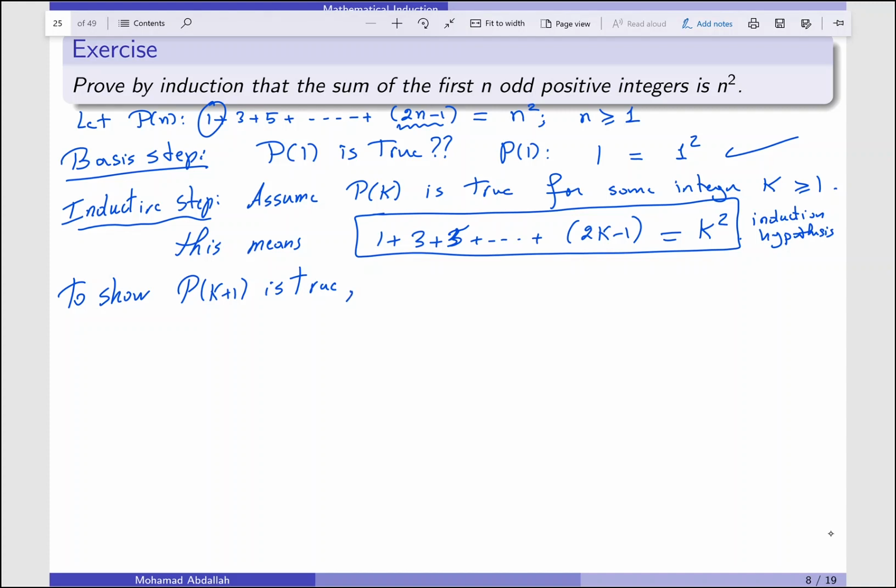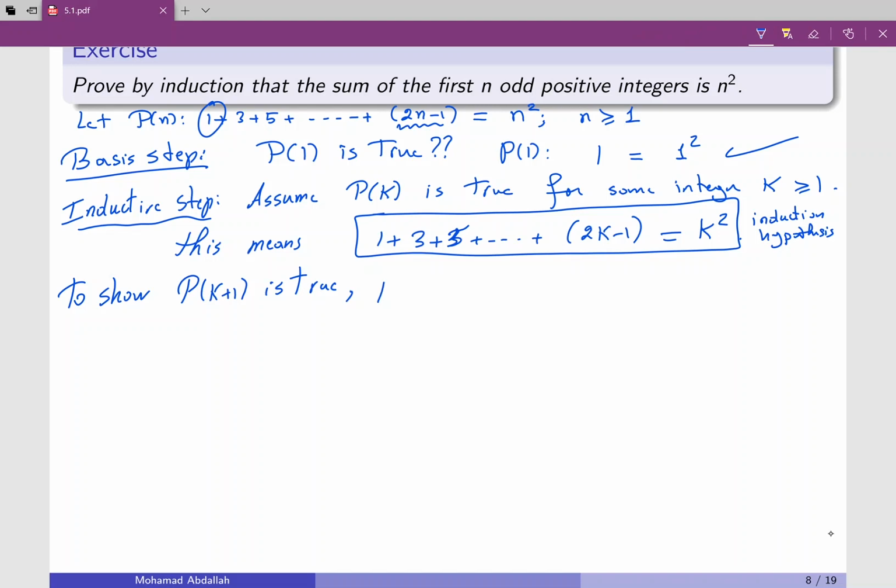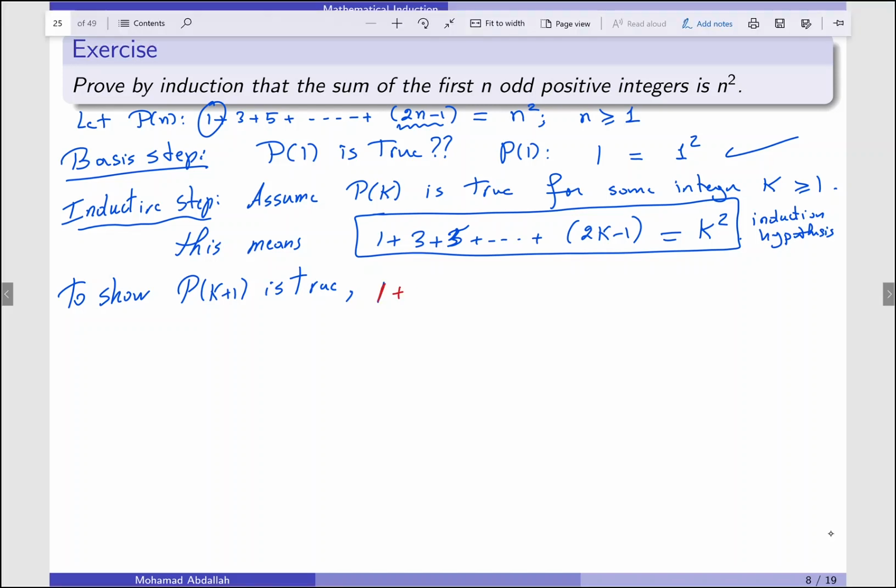So in other words, I want to show that 1 plus 3 plus 5 plus ... plus 2k minus 1 plus 2 times k plus 1 minus 1, so I'm adding one more term, equals k plus 1 squared. So this is what I want to show. For k, you put k here. For k plus 1, you stop when this term is k plus 1.